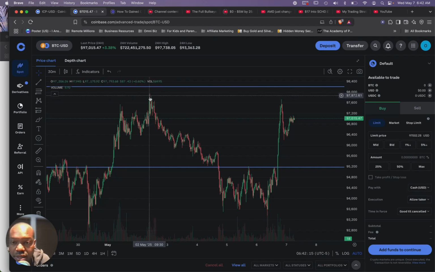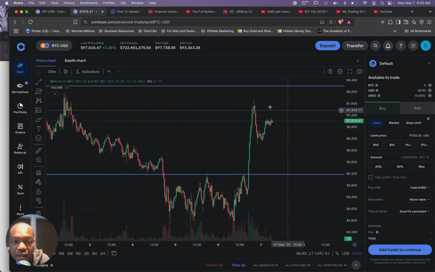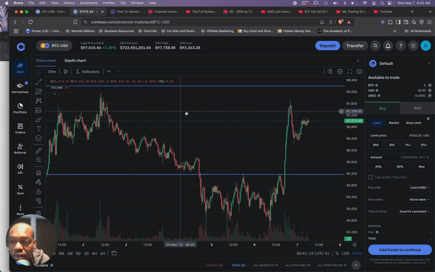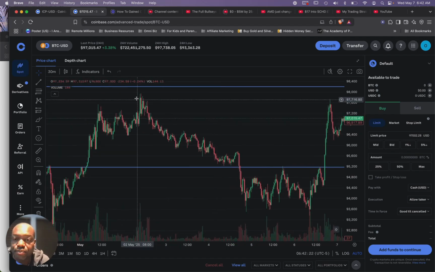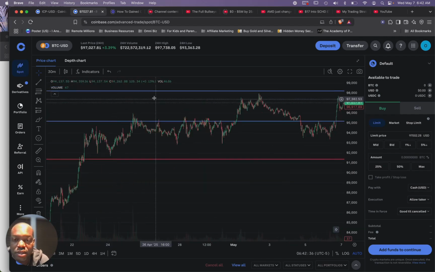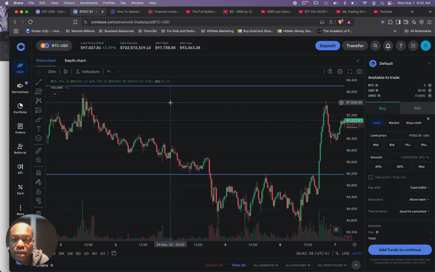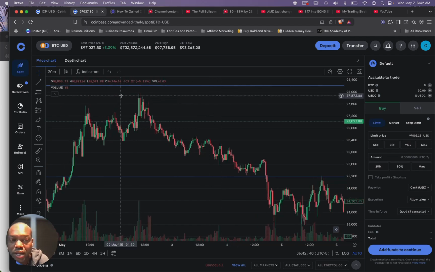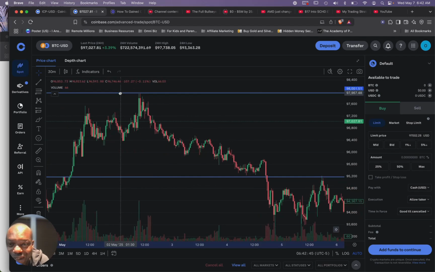These wicks, remember these lines are called wicks, I want them to tell me in the future that this is where the top is. We'll say this is where the top is, and this is called a double top, is what I recently found out how to properly say it.